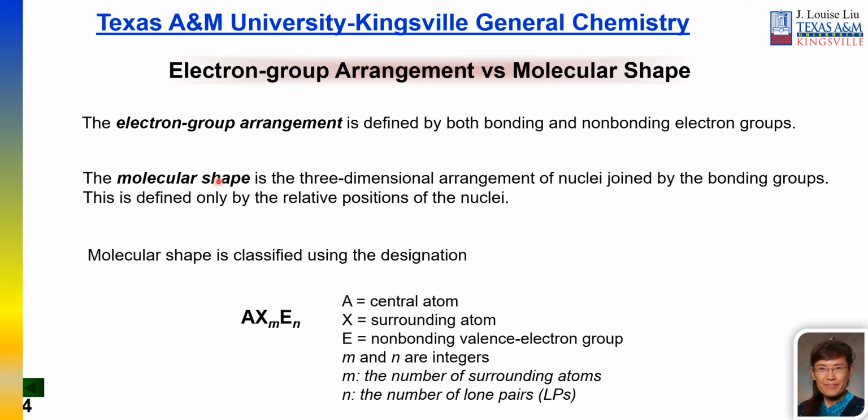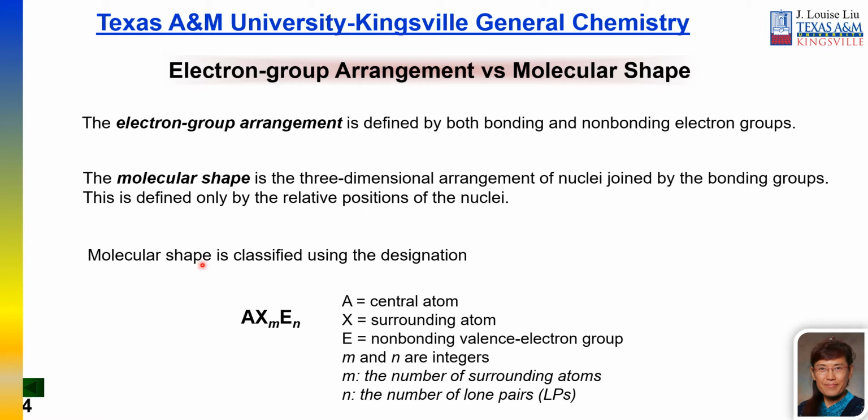The molecular shape is the 3-dimensional arrangement of the nuclei joined by the bonding groups. This is defined only by the relative positions of the nuclei. You are not going to consider the electrons, but only the positions of the nuclei.